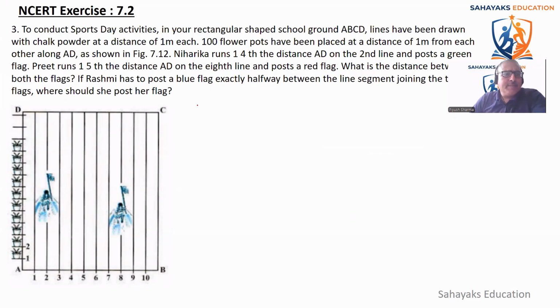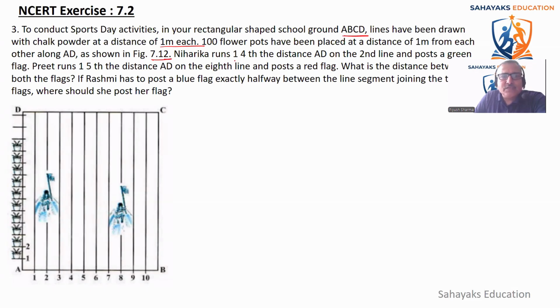So coming to this question, it says to conduct sports day activities in your rectangular shaped school ground ABCD, lines have been drawn with a chalk powder at a distance of 1 meter each. 100 flower pots have been placed at a distance of 1 meter from each other along AD, as shown in the figure 7.12.